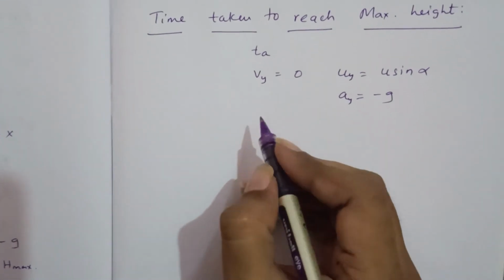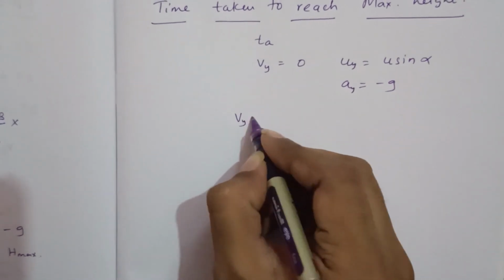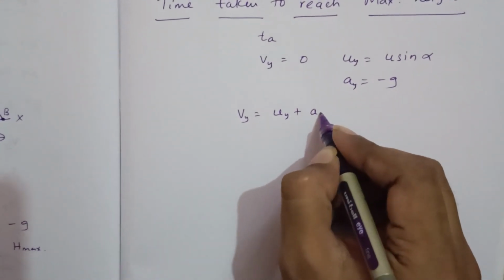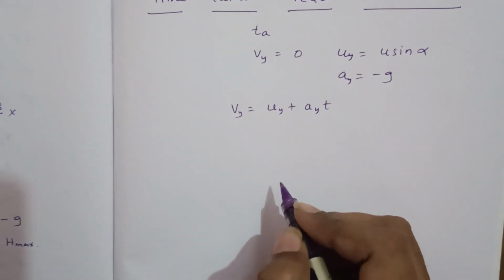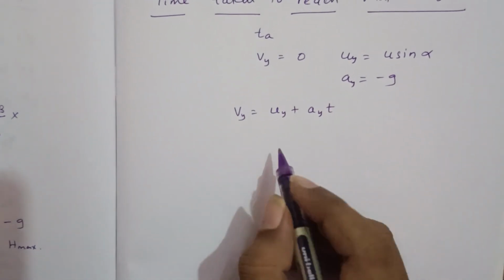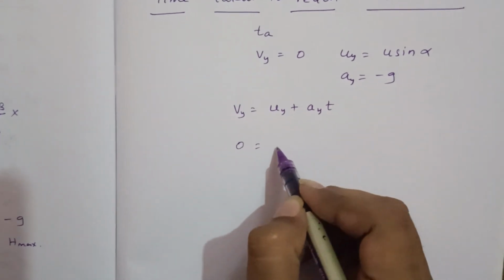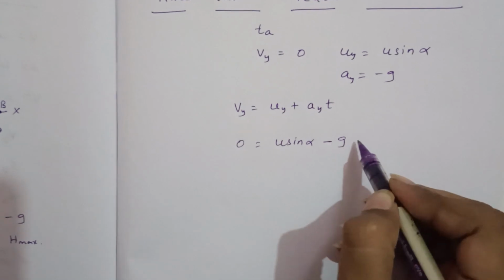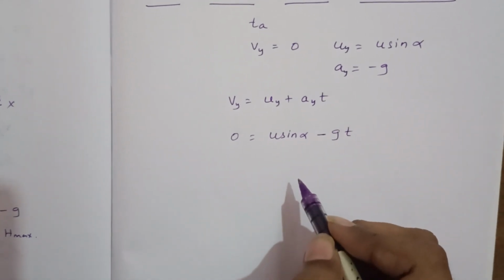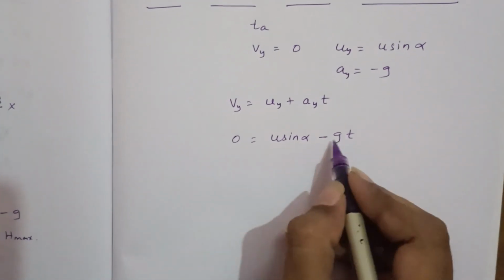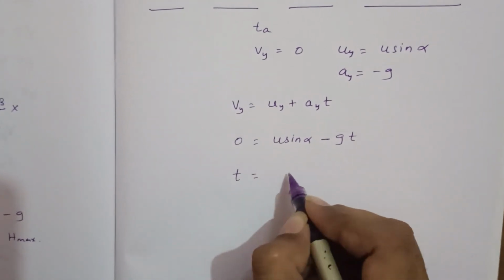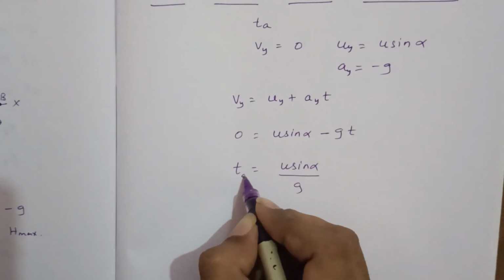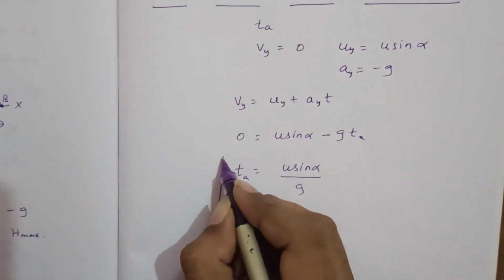So we will take equation 1: V equal to U plus at. Now V is 0, so 0 equal to U sine alpha minus g t. So t equal to U sine alpha divided by g. This is the time of ascent.